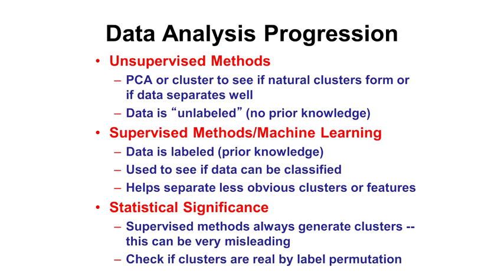And you need to see if the data can be classified. And then you need to assess whether those really do exist as different classes. So if a supervised method is used, it'll almost always generate clusters. This is where it can be misleading. So you have to assess whether those clusters are real using either R squared, Q squared, or the preferred method, which is label permutation.